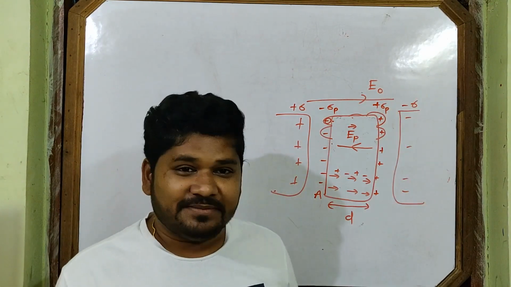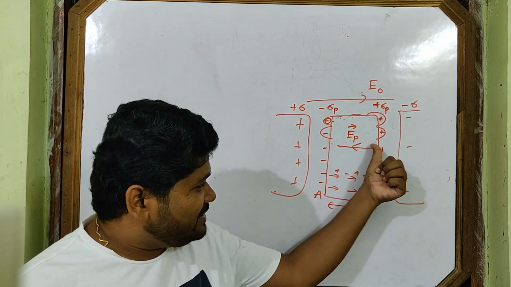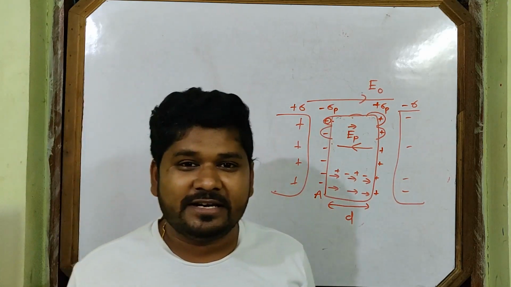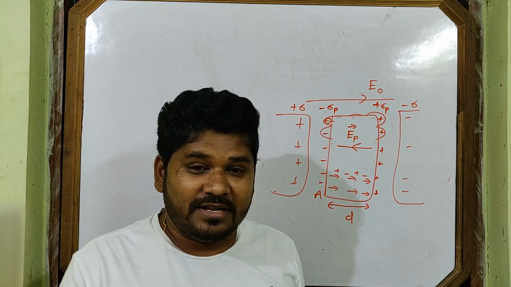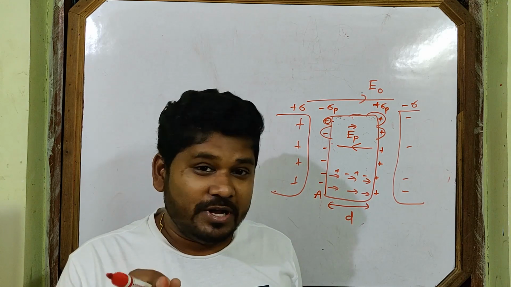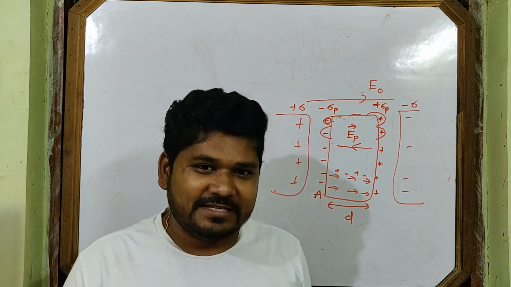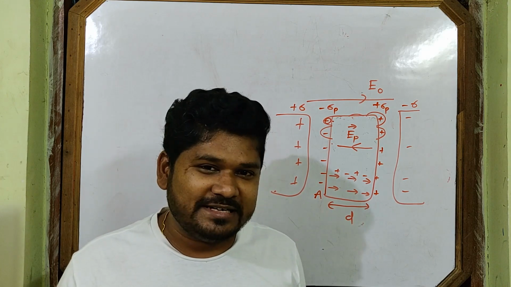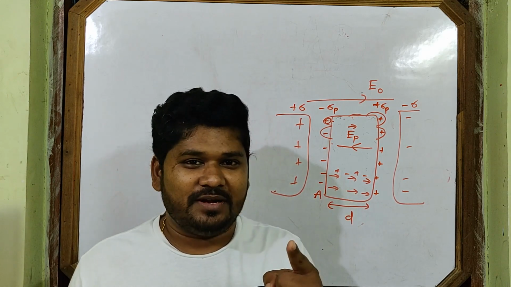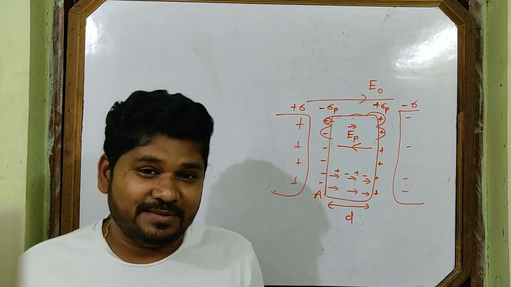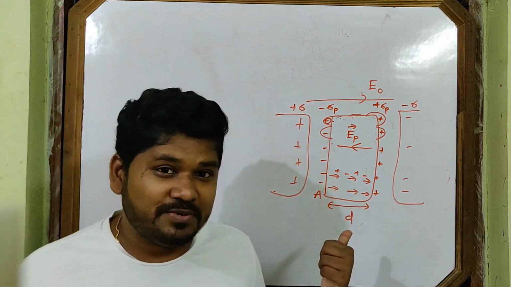The applied electric field is in that direction, but the induced electric field is in the opposite direction. Now you understand one thing. When you keep a dielectric between two charges, force decreases. Why does force decrease? Now you will understand that. You had just remembered it like that, but now you understand why force decreases.